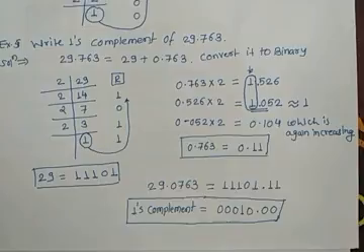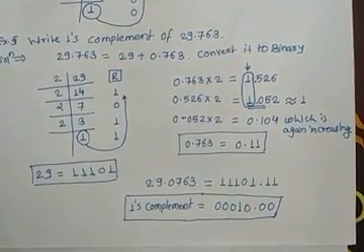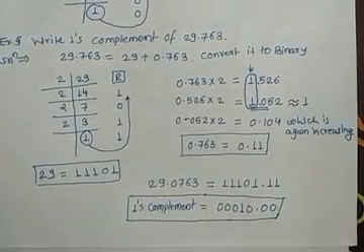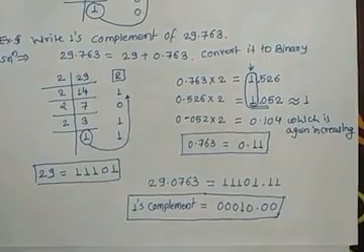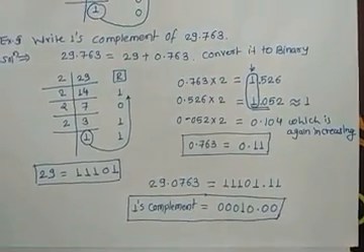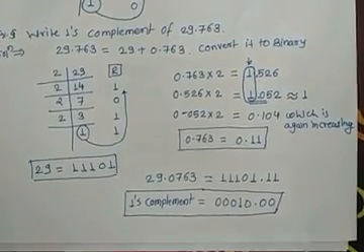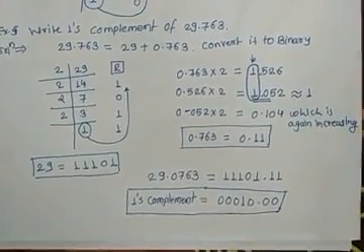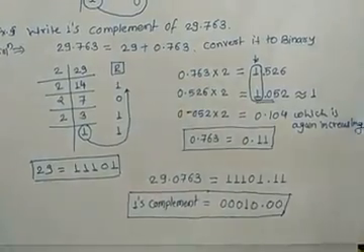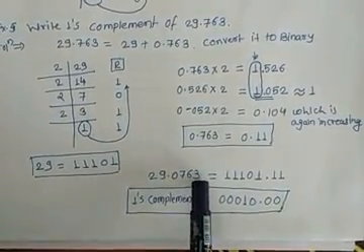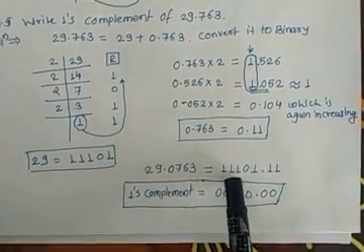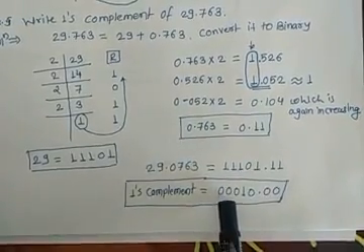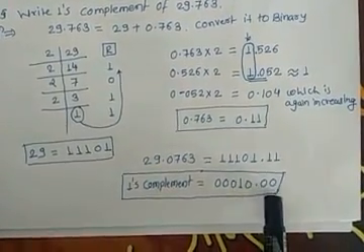In that we have to first calculate 29.763 in binary, in which we write it in the form 29 plus 0.763, first find the binary conversion of 29, and after that convert 0.763 to binary. Its binary conversion is 11101.11 and its complement is 00010.00.